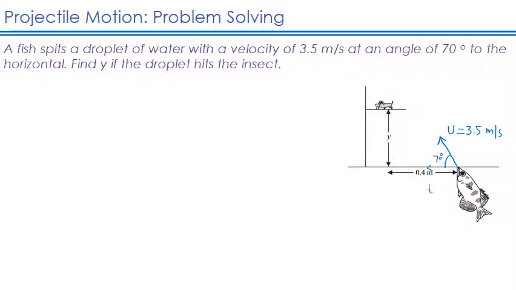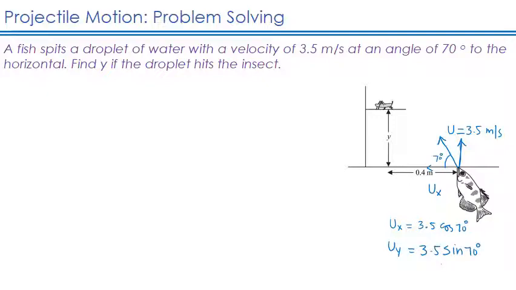We can make two components of the velocity, ux and uy. Ux is 3.5 cosine 70 degrees. Uy is 3.5 sine of 70 degrees.